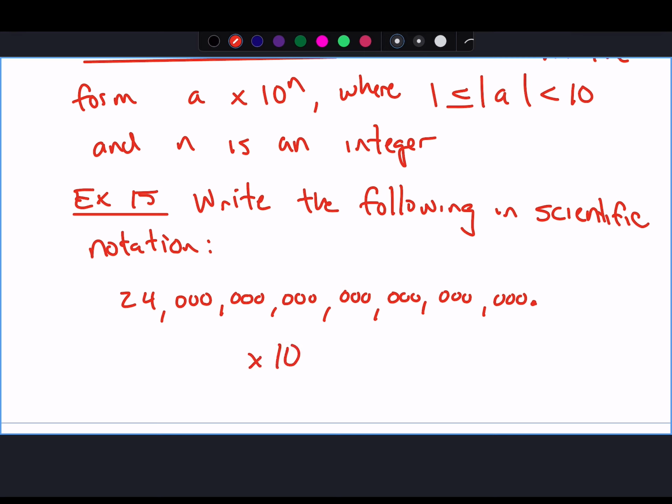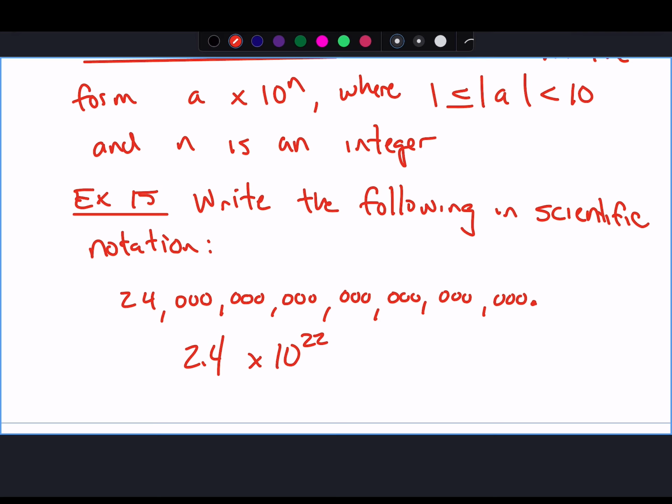So our 10 will be raised to what power? The 22nd power. And what number do I put on the left? 2.4. Is 2.4 between 1 and 10? It is.